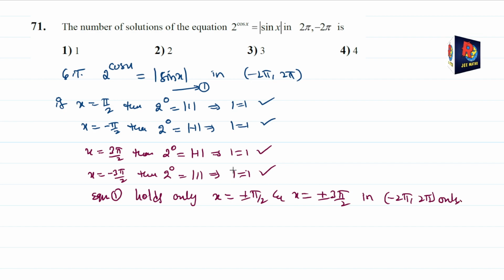Therefore, how many solutions are possible? The total number of solutions equals 4 only. So option 4 is the correct answer.